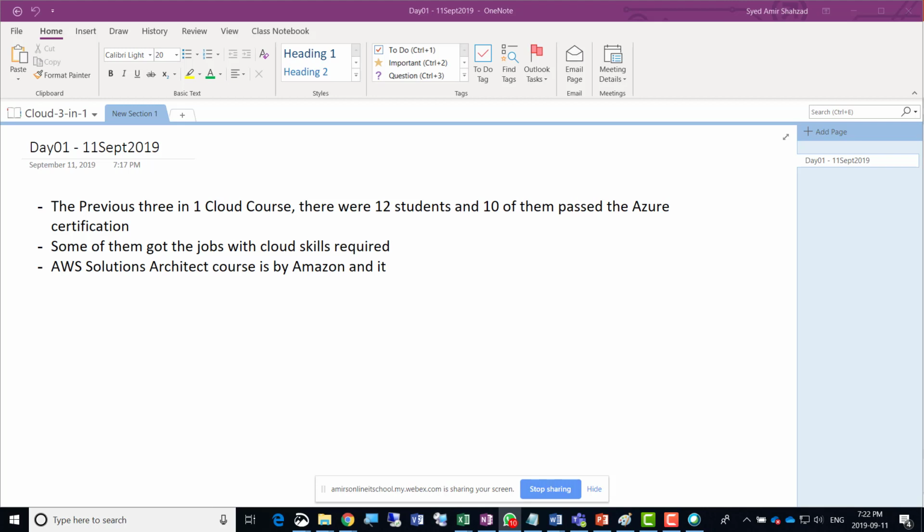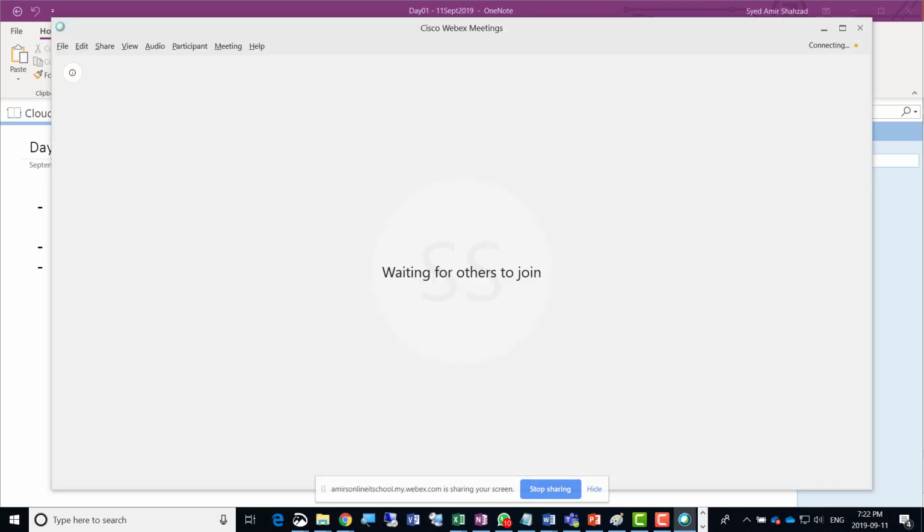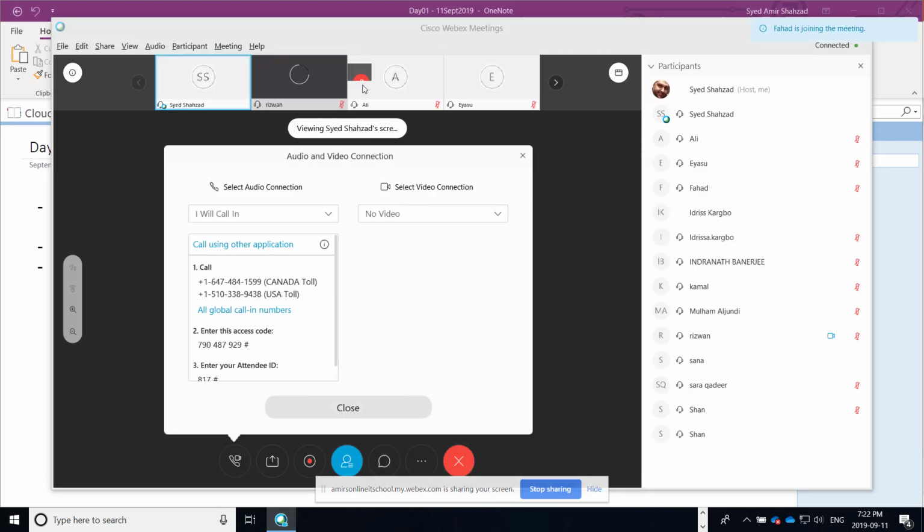So, guys, let's go ahead. Ouch, there's still an echo. I'm trying to connect to the WebEx application where I can mute everyone's mic. Okay, so whose mic is not muted?